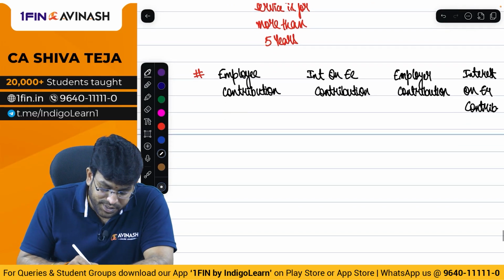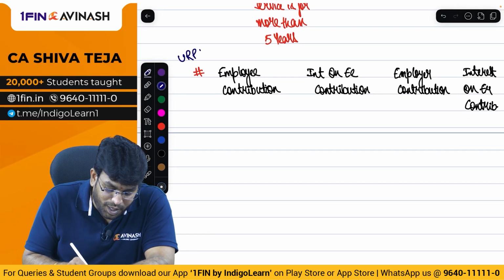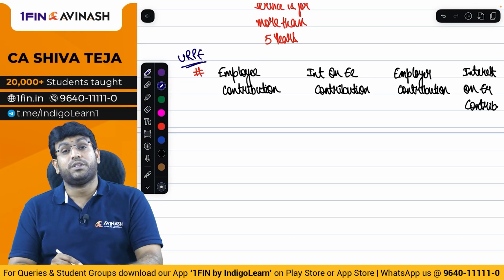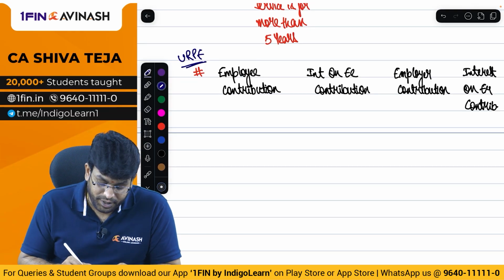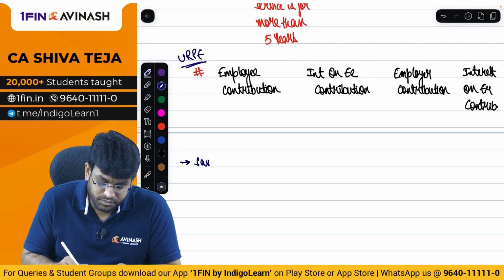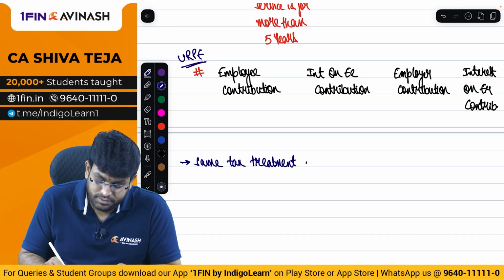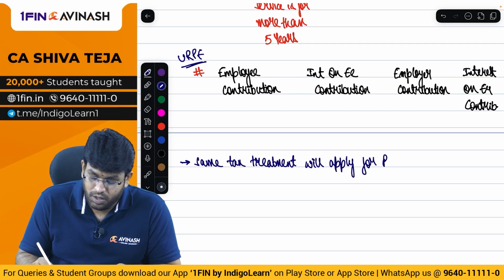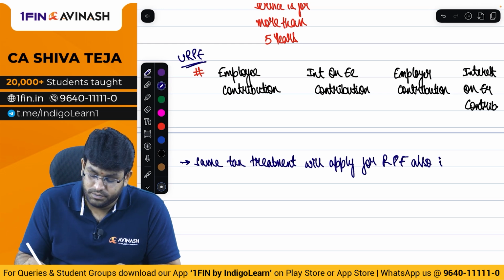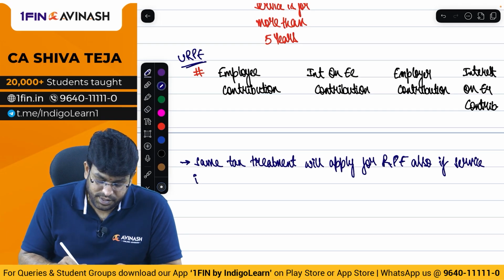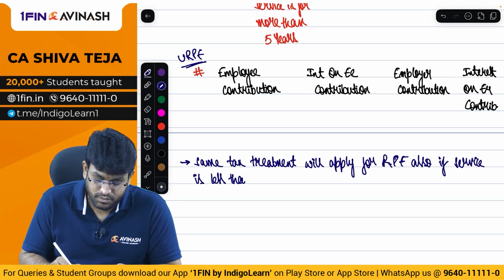Now what they told in the law is, we are talking about URPF tax treatment at the time of withdrawal. And let me write one point here itself. Same tax treatment will apply for RPF also if service is less than 5 years.